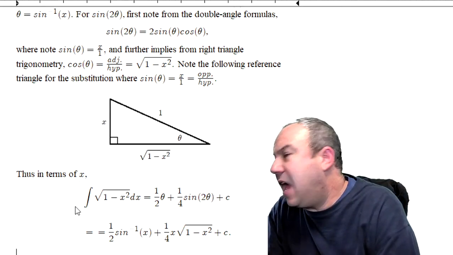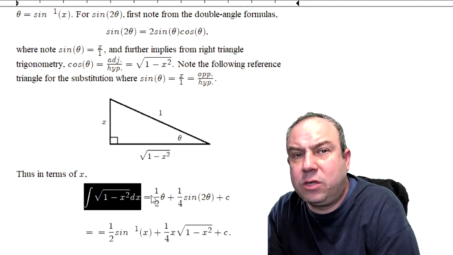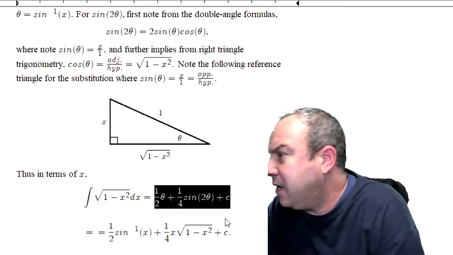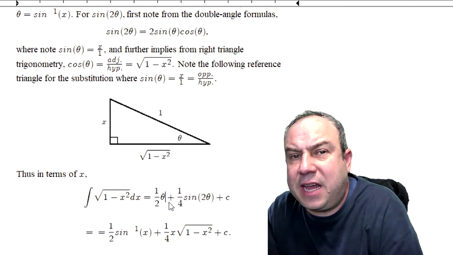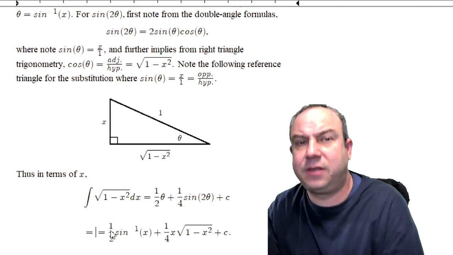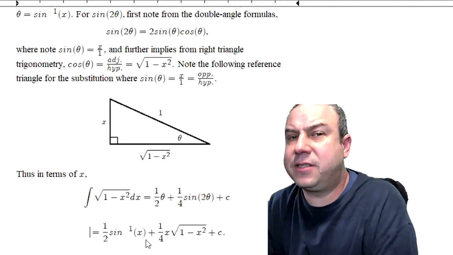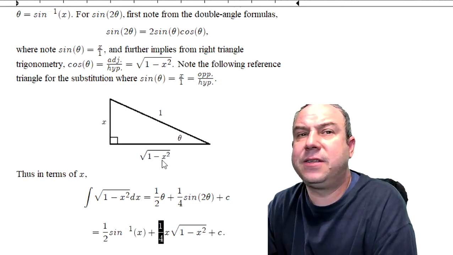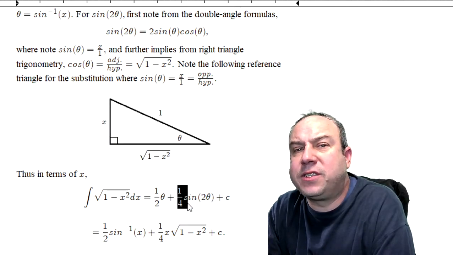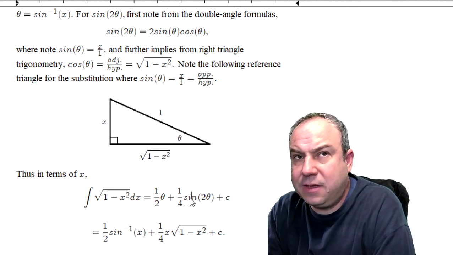Thus, in terms of x, that initial integral, which we saw was this result for an antiderivative in terms of theta, will have this theta replaced with the sine inverse of x. So that will become 1/2 sine inverse of x. Plus, we had 1/4 sine 2 theta.